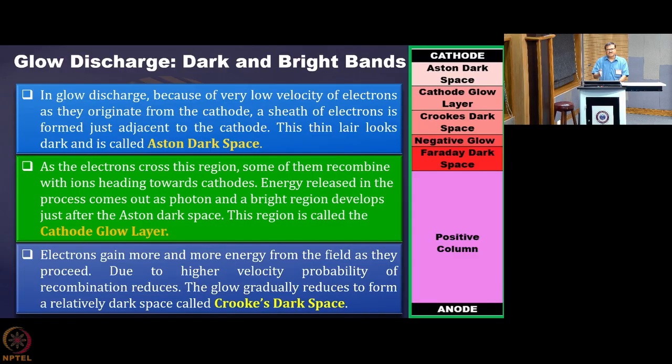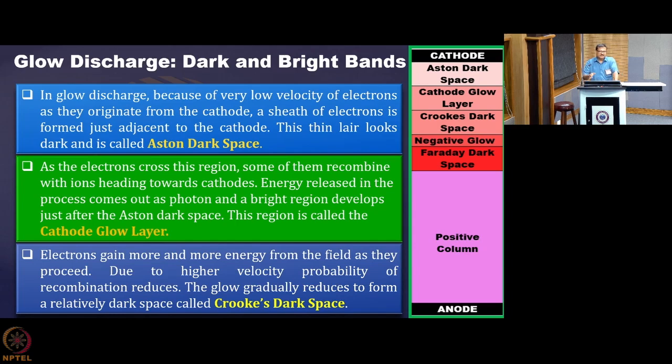Because as the electrons cross this region, some of them recombine with the ions heading towards the cathode, and the energy released in that process comes out as photons. When these photons come out from that region, you see a bright region develop after the dark space adjacent to the cathode. This region is called the cathode glow layer.